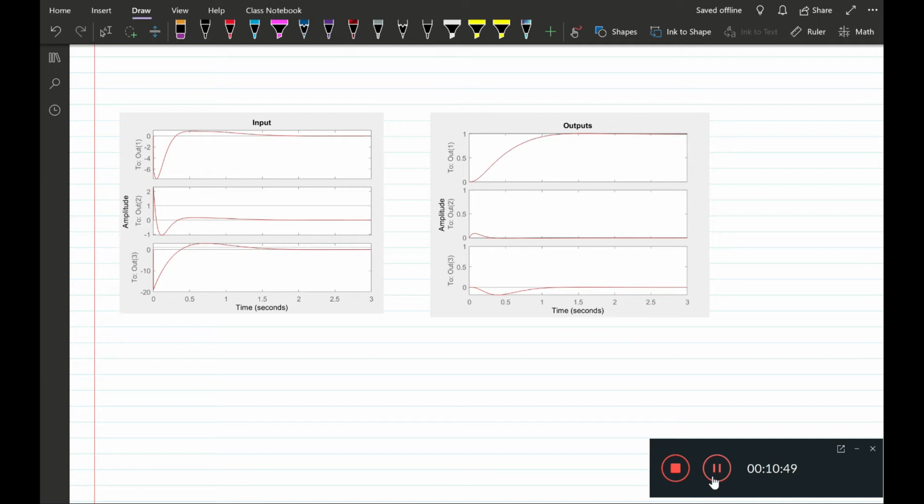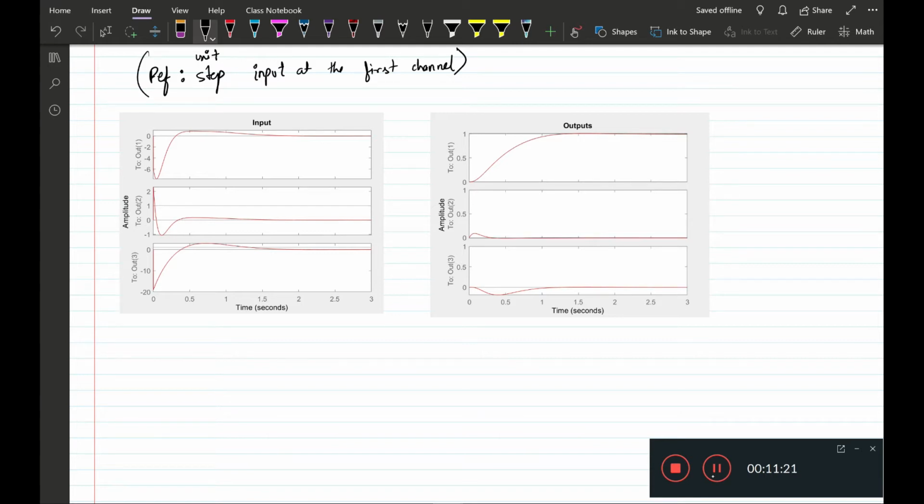So let's look at the time domain results now for this design. These two plots show the time domain results for reference step inputs. Let me say we have a unit step input at the reference, and we have three outputs. So a reference step input at the first channel and 0 at the other two channels.